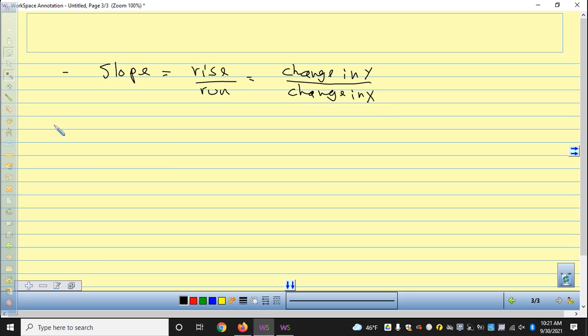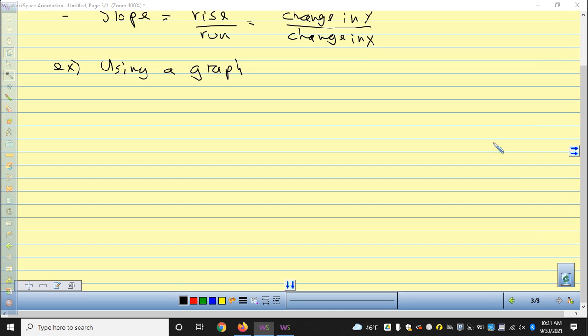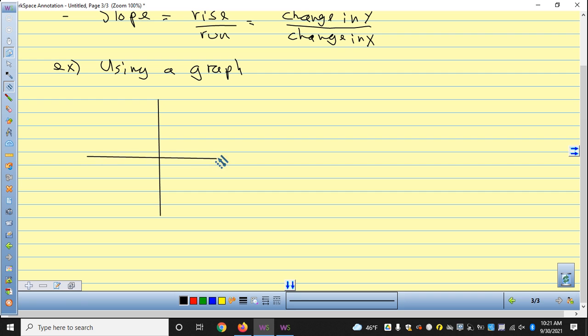So when we use a graph, let me plot some points. I'll draw a set of axes.